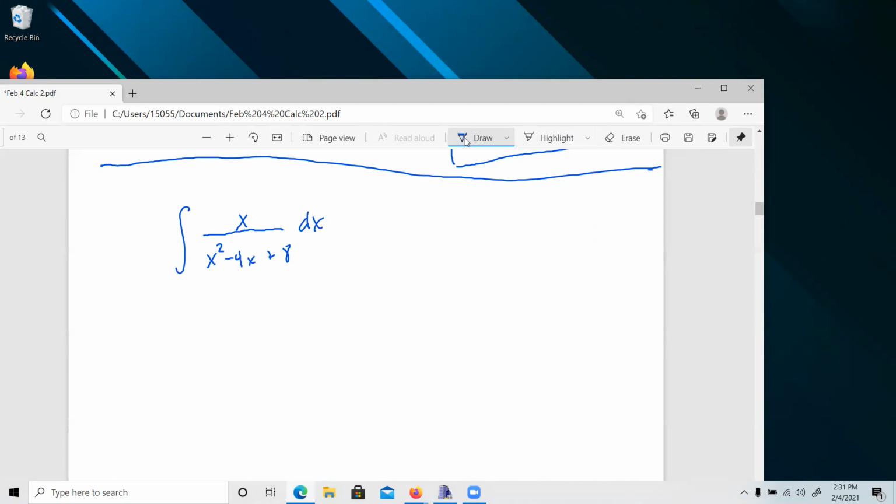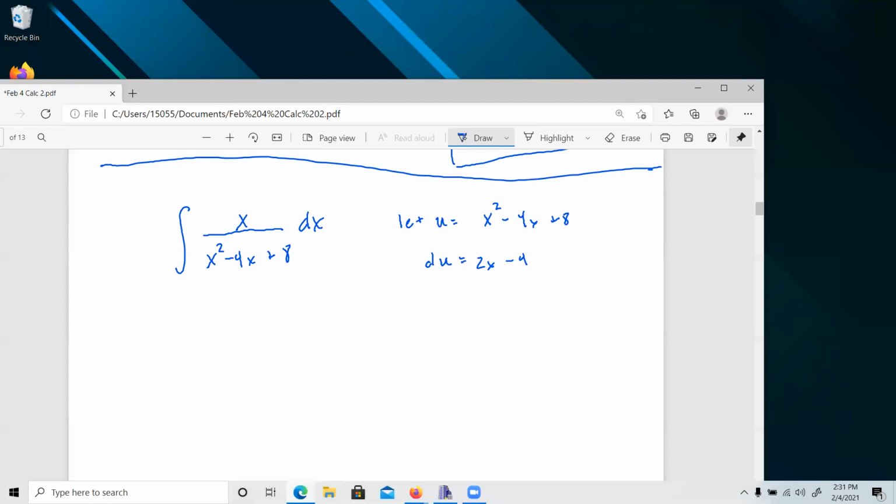And let's see here. What are we going to do with this? Actually, there's a couple of things we can do. We could say let u equals x squared minus 4x plus 8. du is equal to 2x minus 4. And what do you do here? I'm going to tell you it's going to be completing the square. But you don't have to.